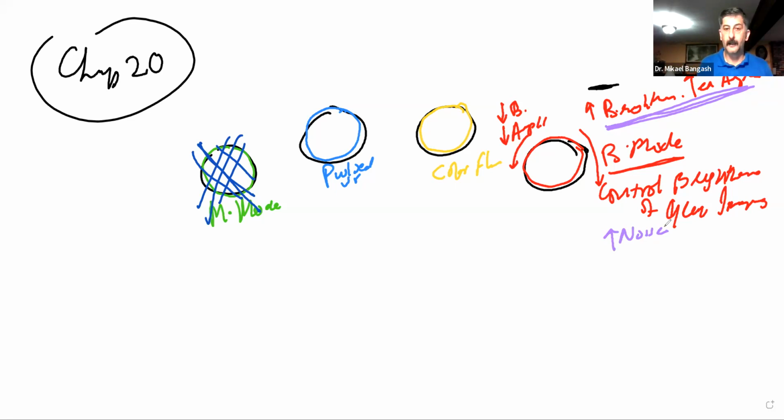Right, okay. We also said that adjusting your B mode, either increasing or decreasing the brightness, is what we call gain. To be more specific, we call that receiver gain.